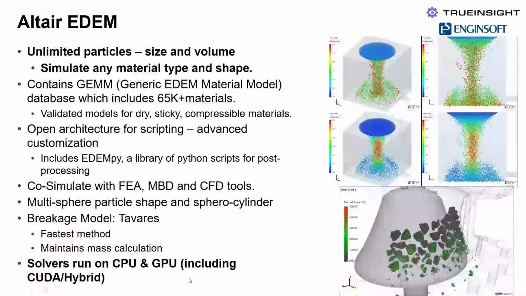The solutions run on both CPU and GPU, and on the GPU using the CUDA language. So, in the past, running on compute clusters with many CPUs was the best way to get faster simulations.